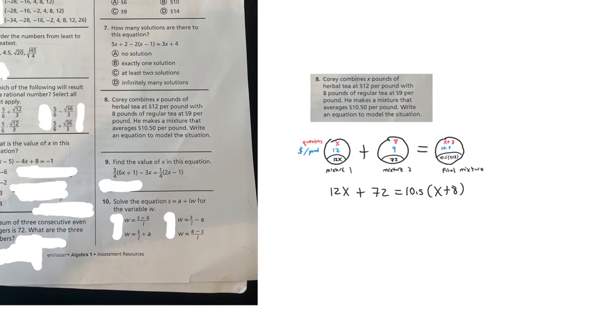Okay, number 9, finding the value of x in this equation. I'm a fan of getting rid of annoying denominators. We have a denominator of 4 here and another denominator of 4 there. No one wants to distribute 3/4 into this; it's going to be annoying.